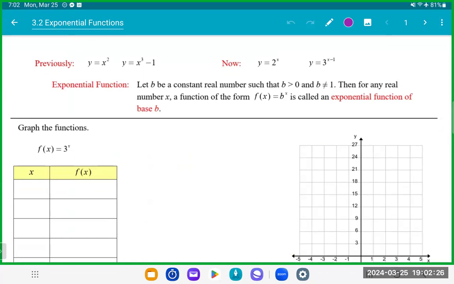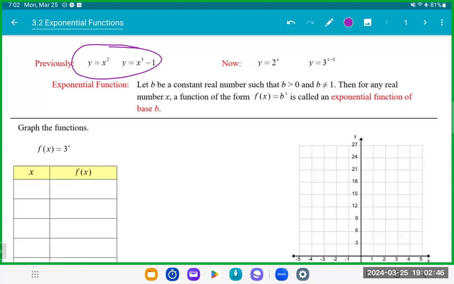In the next section here, we're going to look at exponential functions. So an exponential function, if you recall, we're used to looking at y equals x squared or y equals x cubed minus 1.